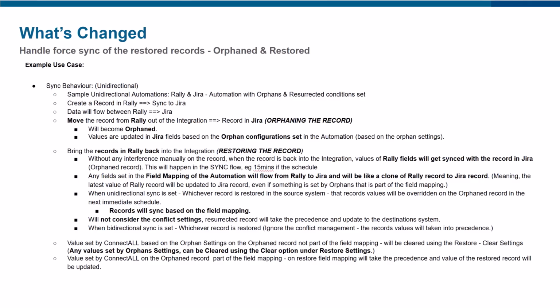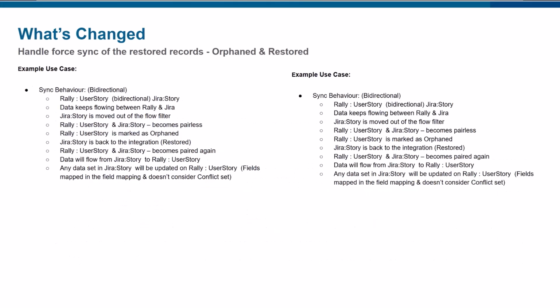So a record getting restored will honor the directions of the automations and the direction of the field. So here is a basic use case that we have ensured we have captured and covered. We have captured both bidirectional and unidirectional support.